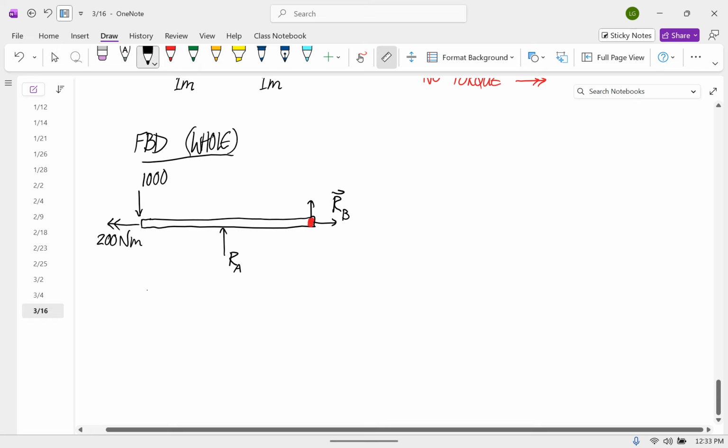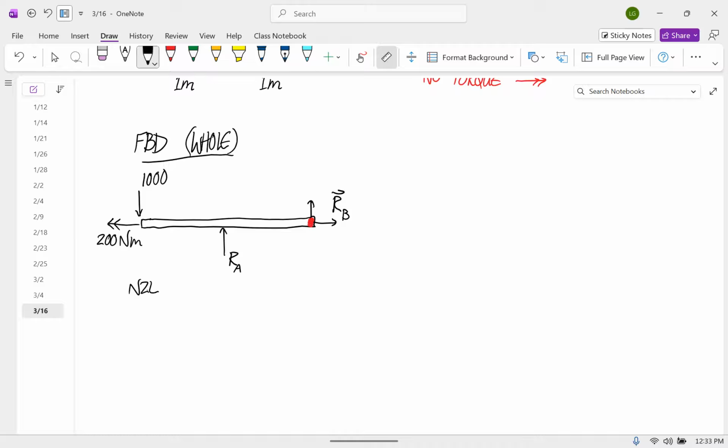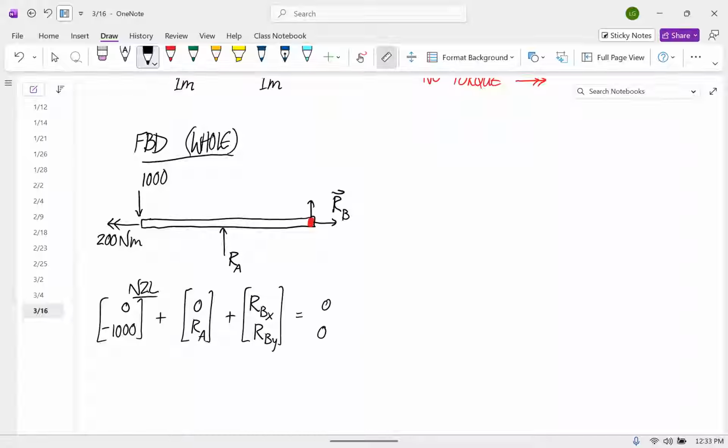Okay, so Newton's second law says 0, negative 1,000, plus 0, RA, plus RBX, RBY, is equal to zeros. So we already know that RBX is 0.